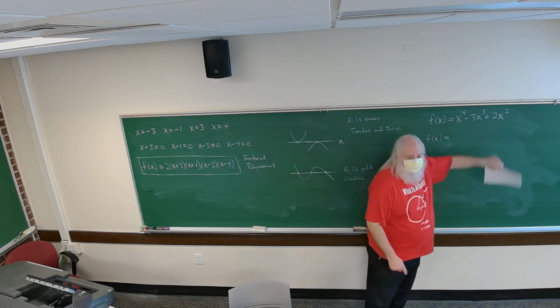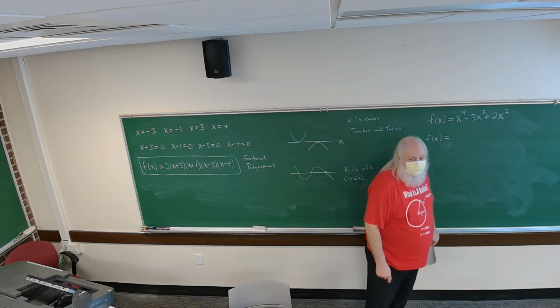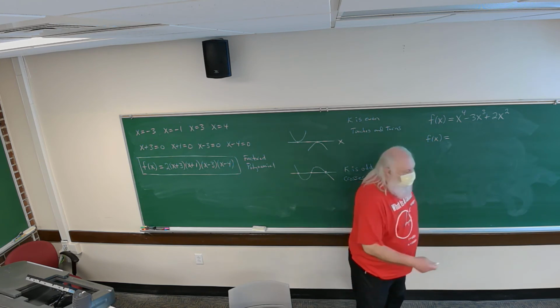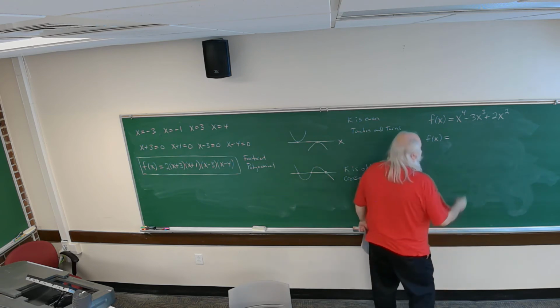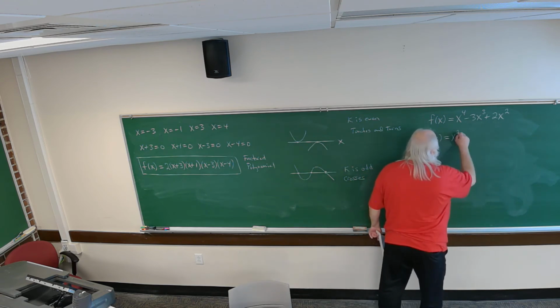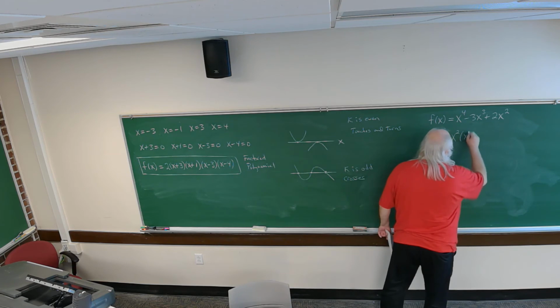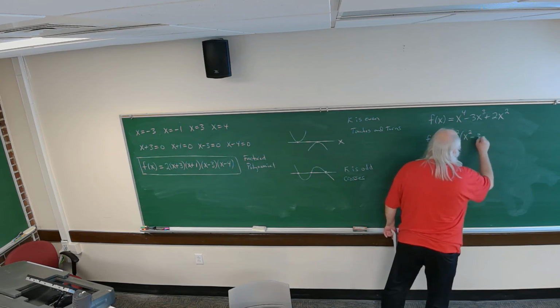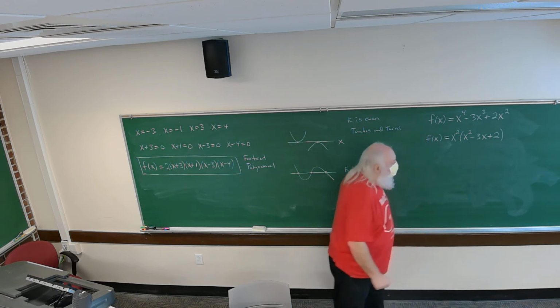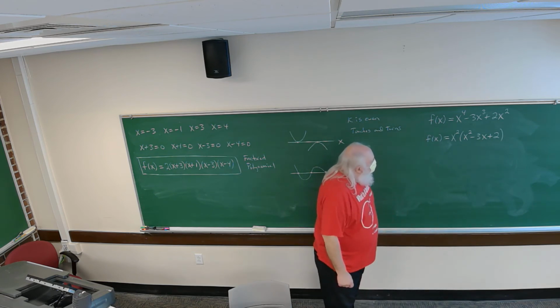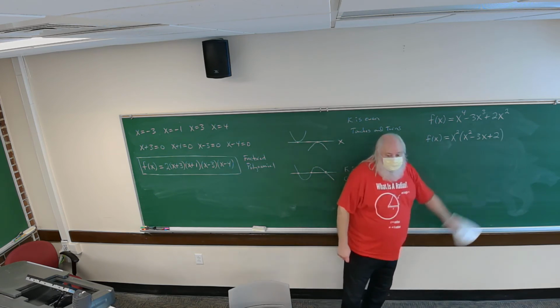Three terms. What's the smallest power of x? Smallest power of x is 2, right? So we can factor out an x squared. We have x squared times x squared minus 3x plus 2, right? Now this inside parentheses is a quadratic.